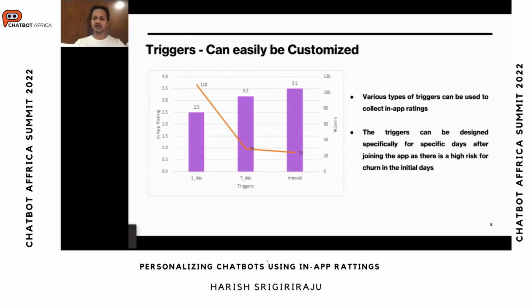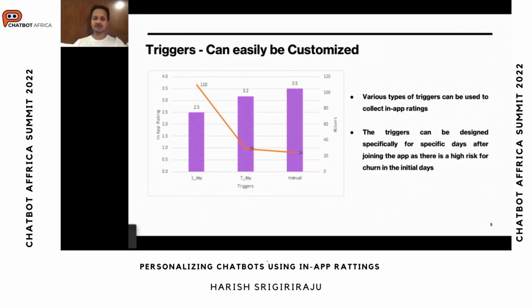Let's say on day one, the first time ever they use the application, if they end up using the chatbot, or even the first time they use the chatbot, you can ask for a prompt, and then you can extend it to, let's say, day seven or the seventh time they use the chatbot.